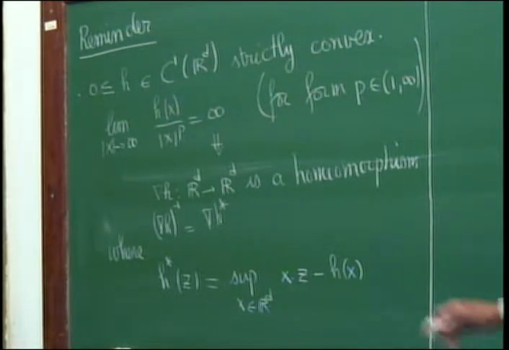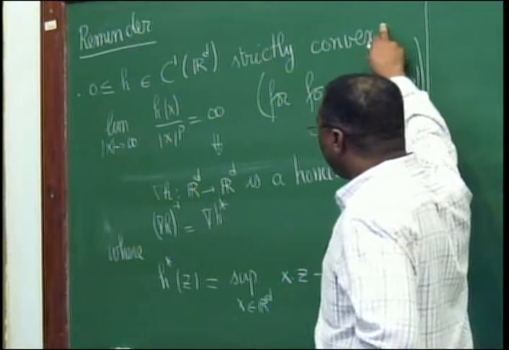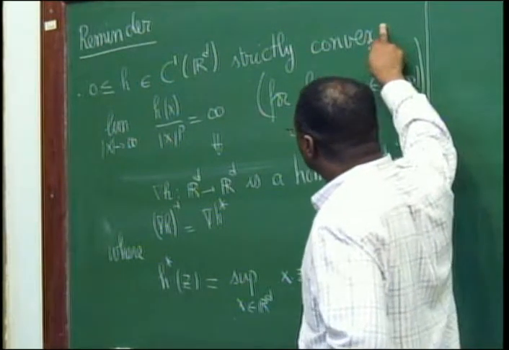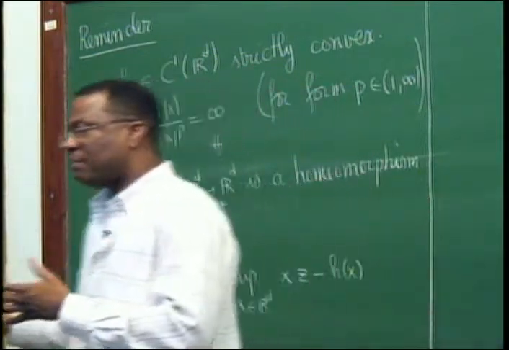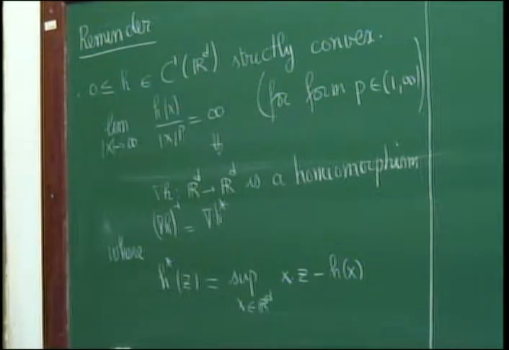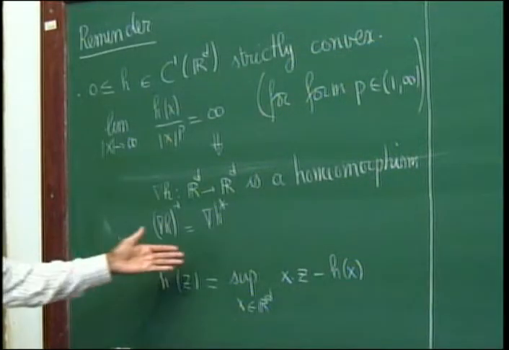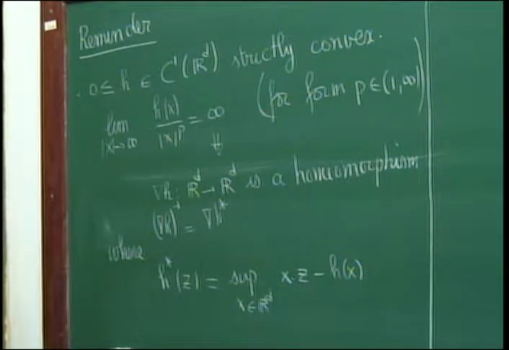Now, strict convexity is equivalent to differentiability of h star. So a convex function is strictly convex if and only if the Legendre transform is of class C1 on its domain of definition. But here, the domain of definition of the Legendre transform being R^d, it implies that h star is of class C1 everywhere.